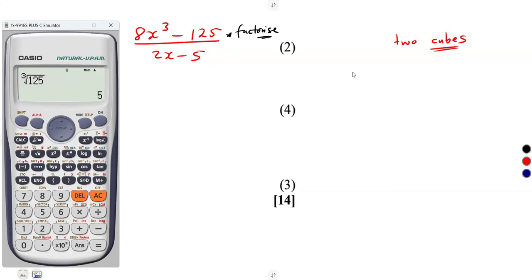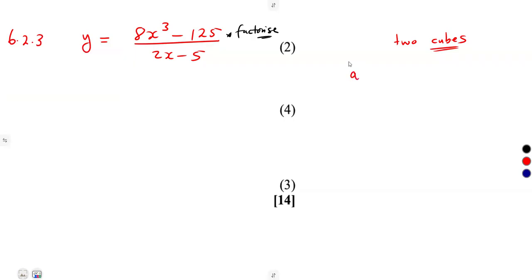So from our difference of two cubes, we understand that if we are given a cubed minus b cubed, it can be factorized, written as a minus b into a squared plus ab plus b squared. Remember your grade 10 mathematics. This is where we are taking it from. We can factorize that. So 8x cubed, we saw that the cube root of 8 is 2.